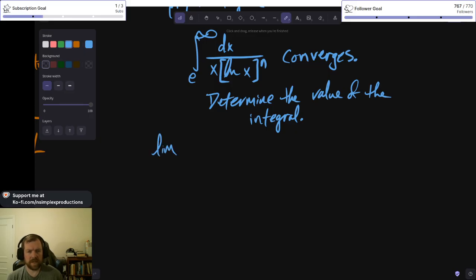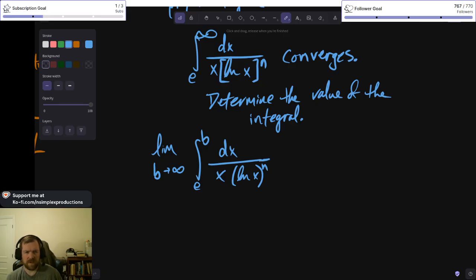So this is going to be the limit as b goes to infinity of the integral as x goes from e to b of dx over x times natural log of x to the n. This is also going to be the same as above.